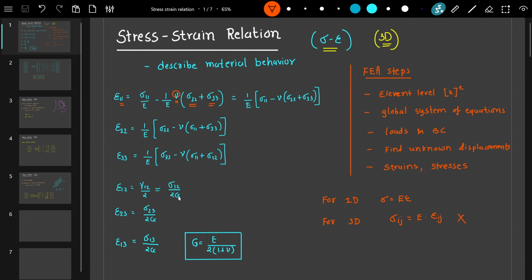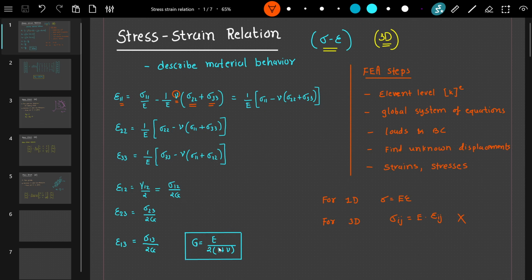Shear stress divided by shear modulus is shear strain. So epsilon 12 is equal to sigma 12 by 2G. Similarly, epsilon 23 and epsilon 13. And there is a relation between G and E, Young's modulus or elastic modulus, and shear modulus, which is given as this expression.